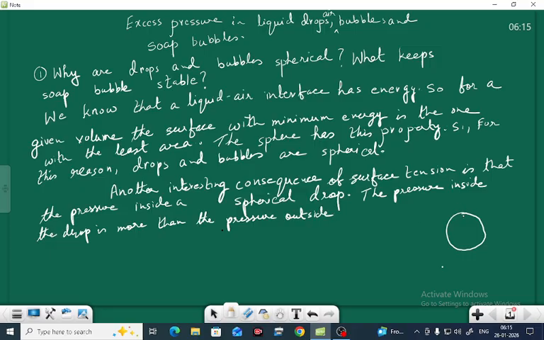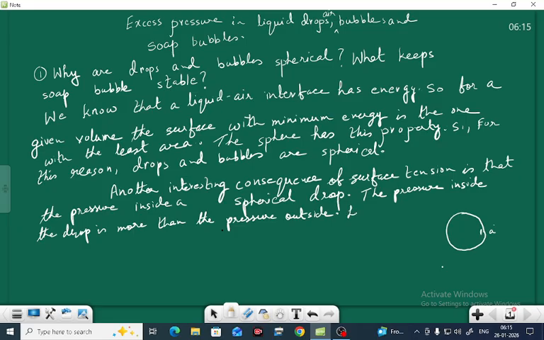So we have a liquid-air interface. This is liquid and this is air. So the pressure inside the drop is more than the pressure outside.